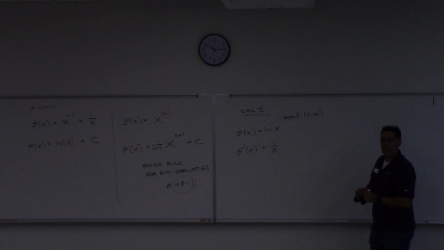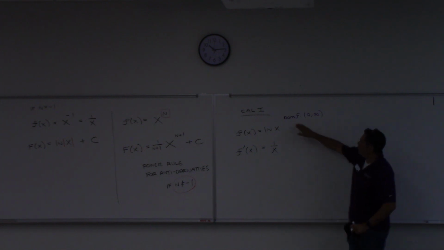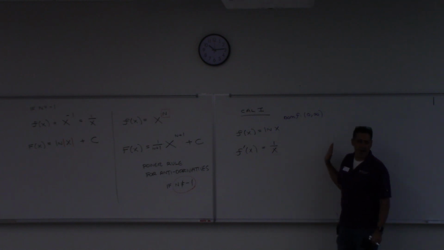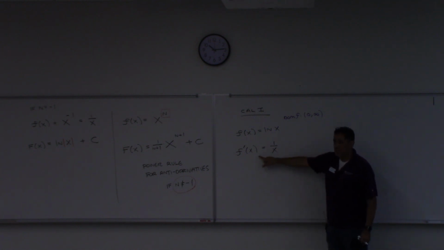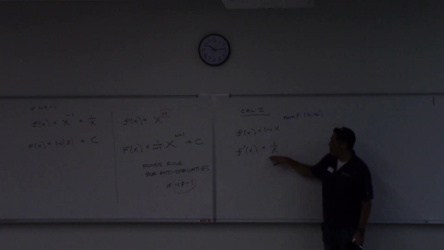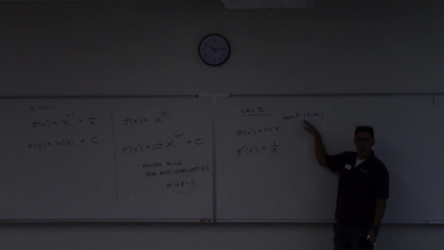All right? So if you graph that function, it only exists to the right of the y-axis. And if we go look at its derivative, where does the derivative exist? What's the domain of this? Everything except 0. So do y'all see that the domain of the derivative is actually more than this?